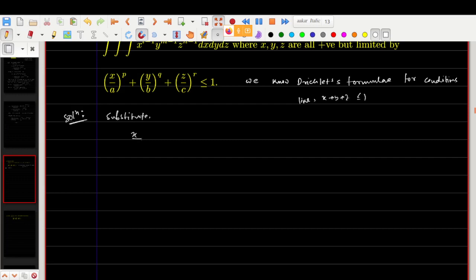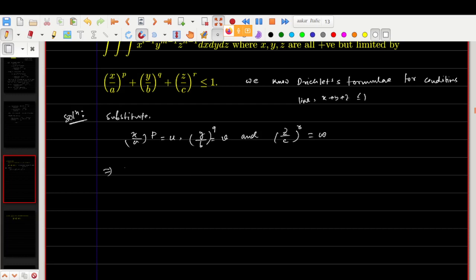x by a whole power p to be u, y by b whole power q to be v, and z by c whole power r to be w.